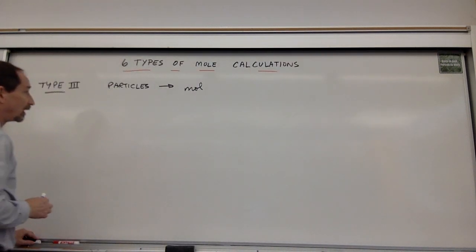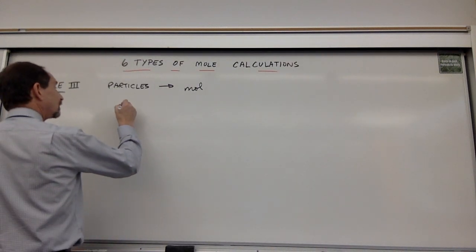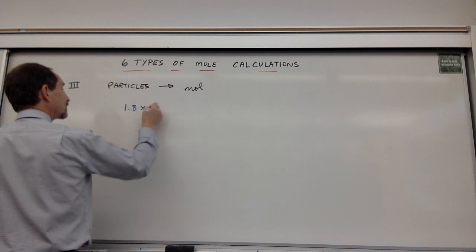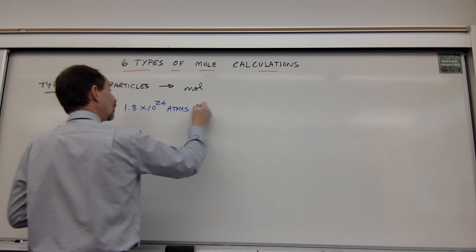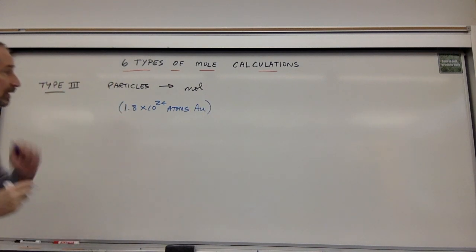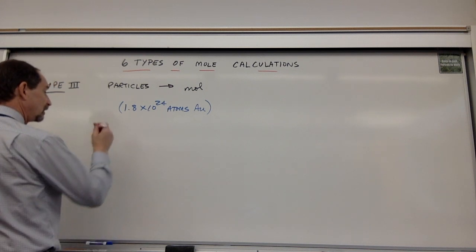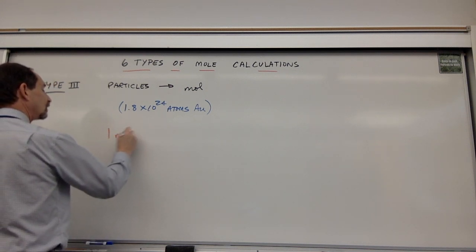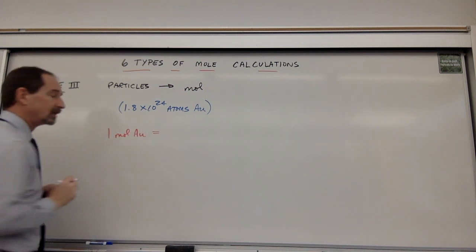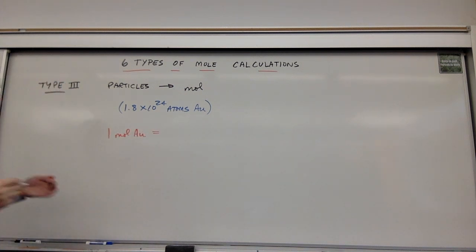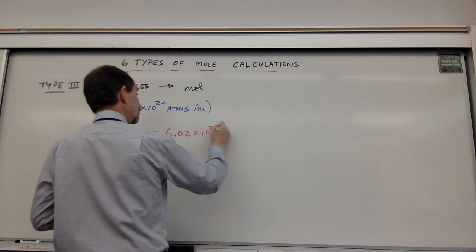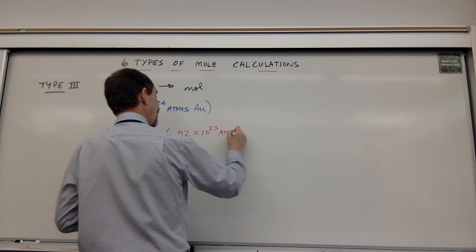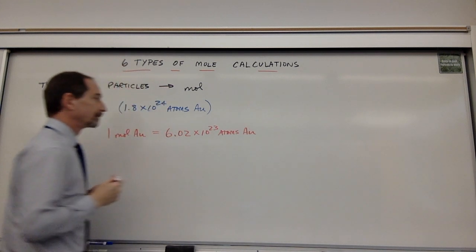If I have 1.8 times 10 to the 24th atoms of gold, and I want to convert that to moles, I need a relationship between 1 mole of gold and the number of atoms. That relationship is Avogadro's number, 6.02 times 10 to the 23rd atoms of gold.